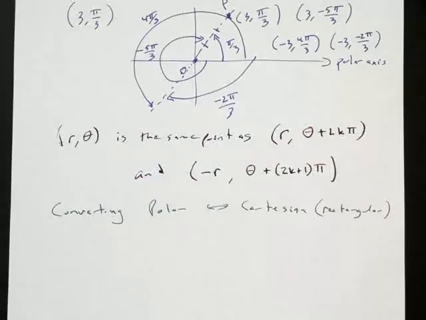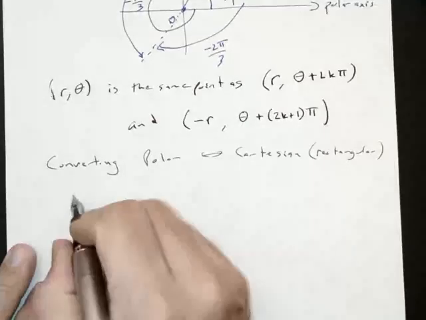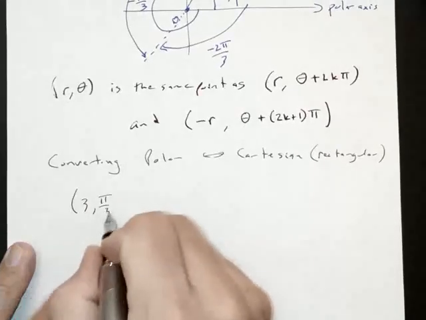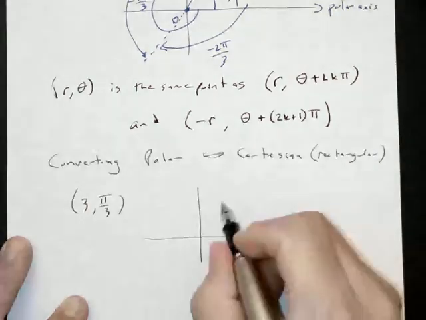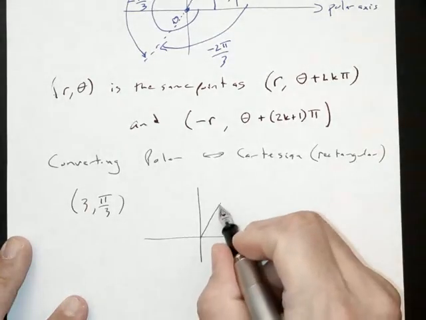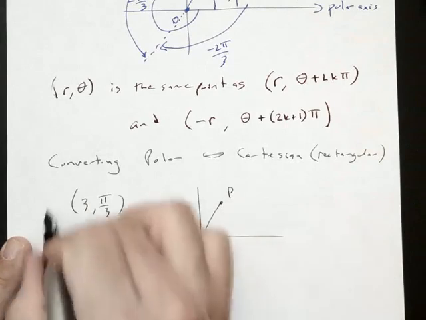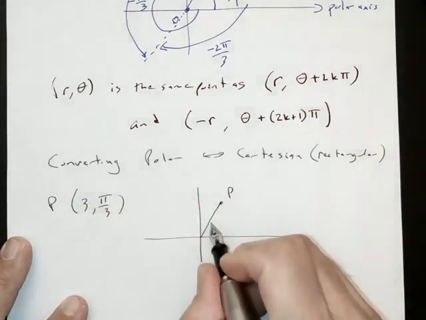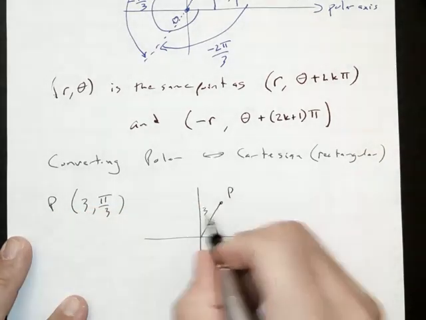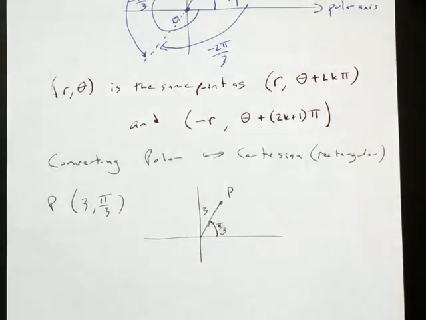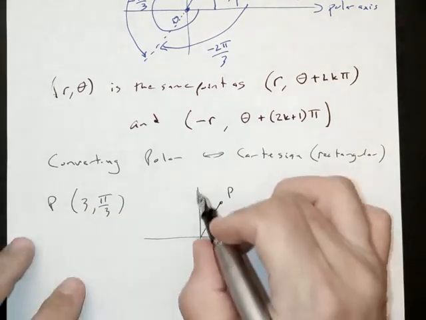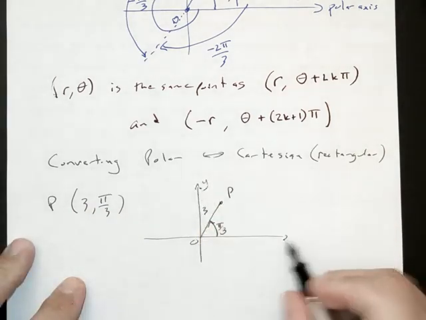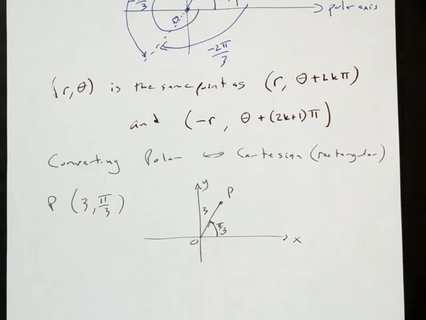All right. Let me deal with the point we were looking at, (3, pi over 3). Cast your mind all the way back to trig.